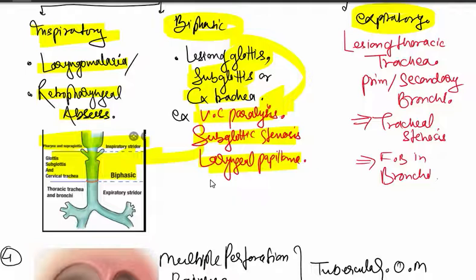Expiratory is a lesion of the thoracic trachea, meaning more distally, that is, if there is a lesion in the primary or secondary bronchi. Tracheal stenosis and foreign body in bronchi can cause expiratory stridor.